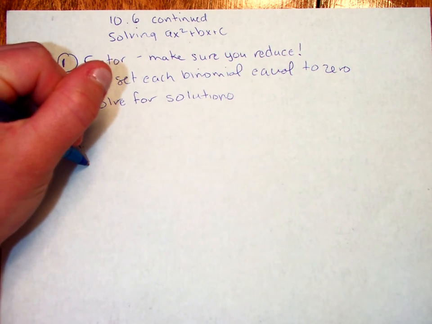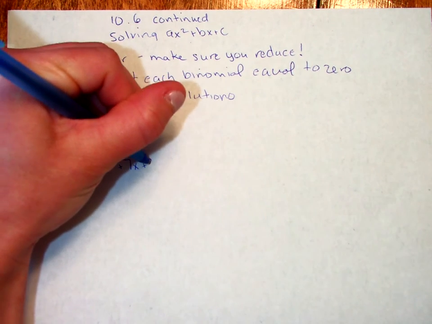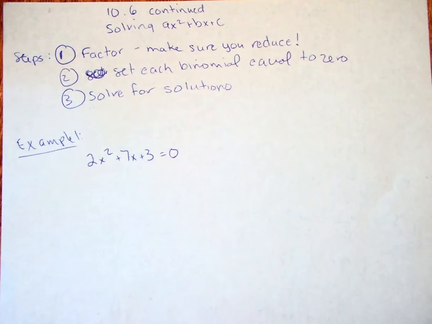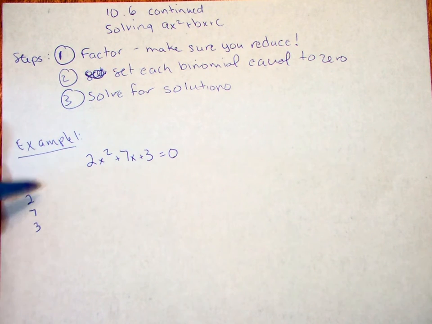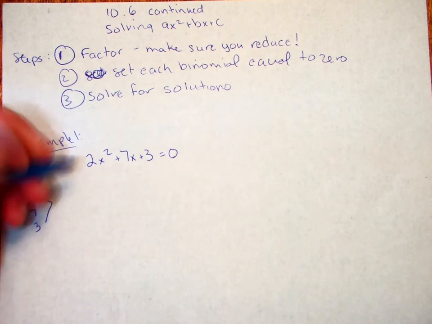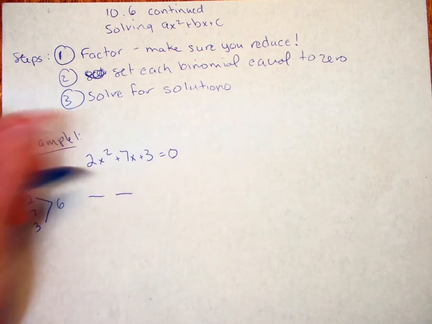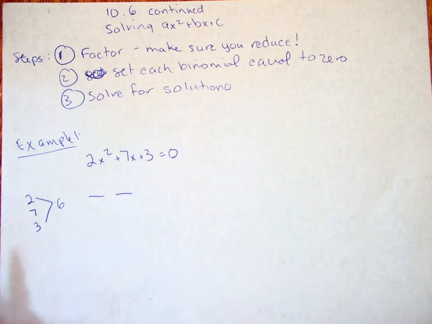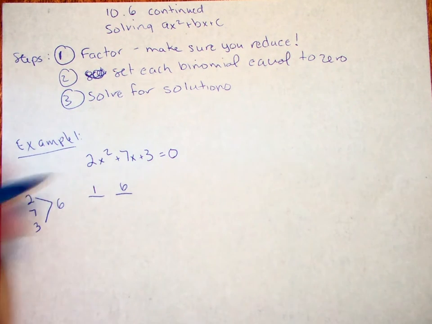So we have 2x squared plus 7x plus 3 equals 0. So you're going to set it up 2, 7, 3. Multiplying a and c together, which gives you 6, and then you're looking for two things that multiply to give you 6 and add to give you 7, which give you 1 and 6, both being positive.